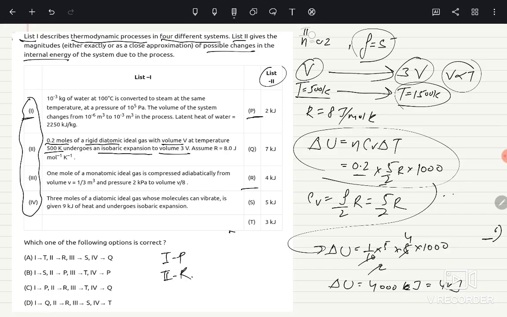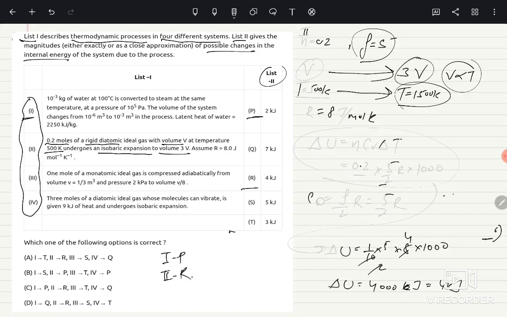Now we have to calculate the third thermodynamic process, how much internal energy it has gained or lost; we need the magnitude.